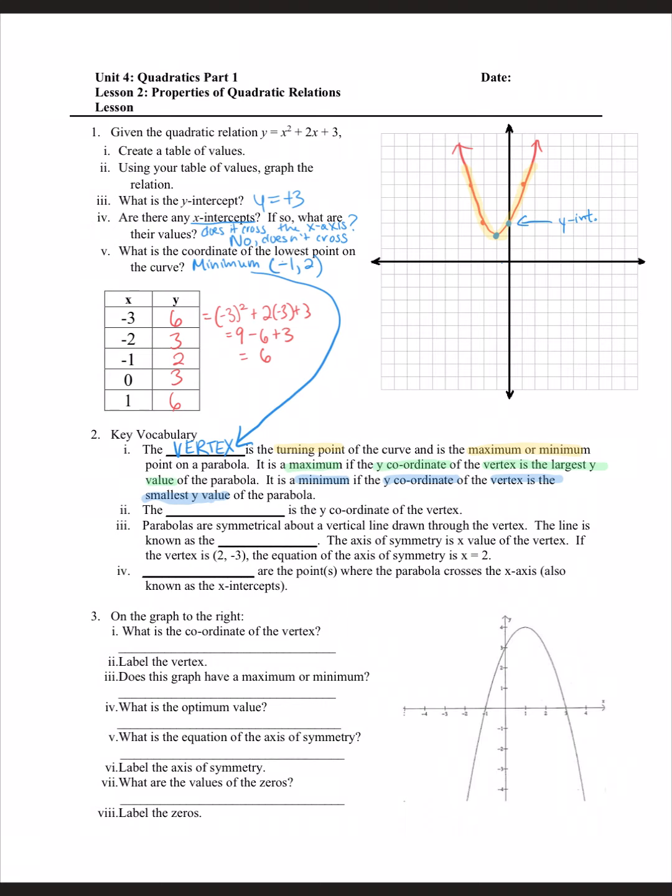Some other key vocabulary. The optimum value. Okay, the optimum value is simply the y value of your vertex. Okay, so it's the y coordinate of your vertex.